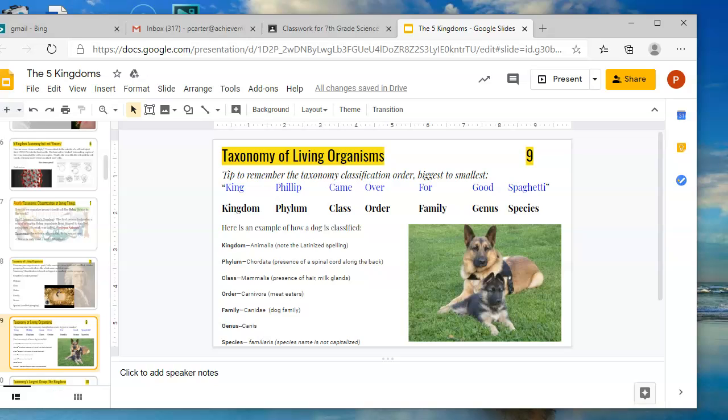For example: Kingdom Animalia, phylum Chordata, class Mammalia, order Carnivora, family Canidae, genus Canis, and the species is familiaris.